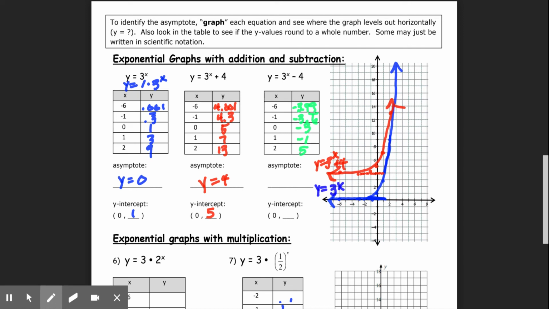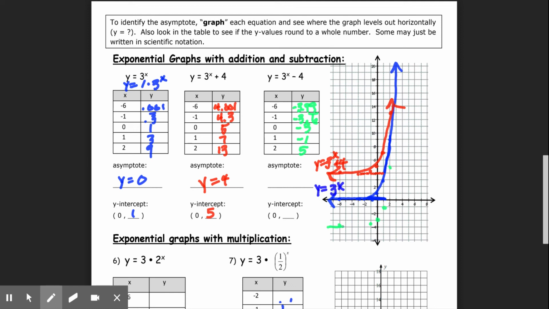So -6 and -3.99, and -1 and -3.6. Right there. And then 0 and -3, 1, -1, and 2, 5.